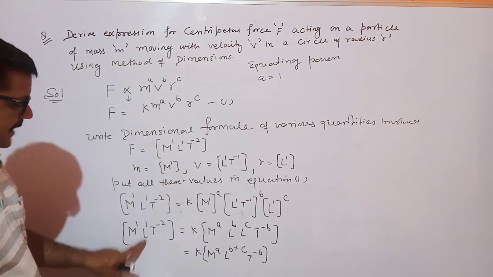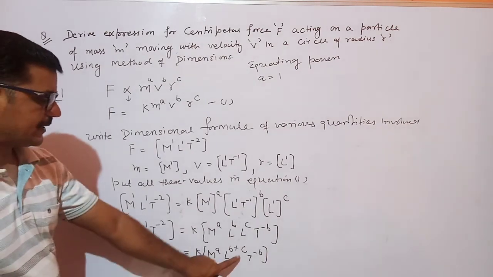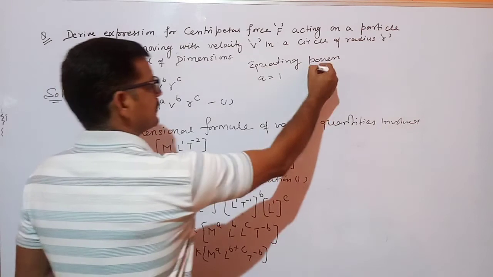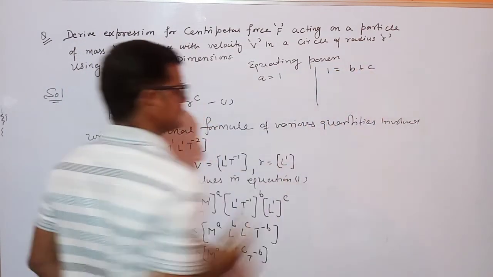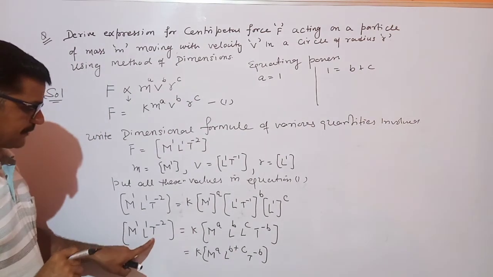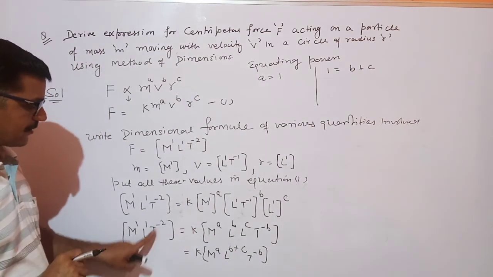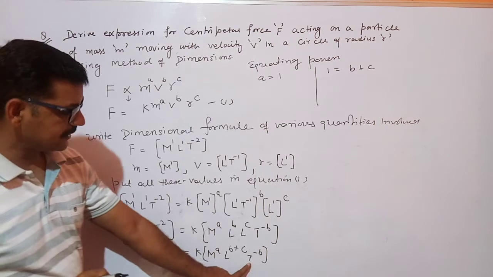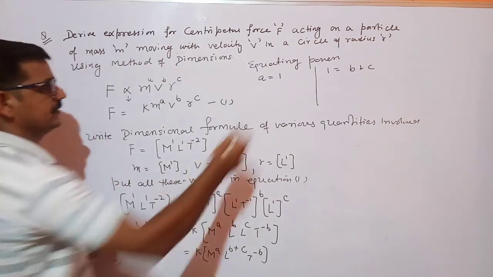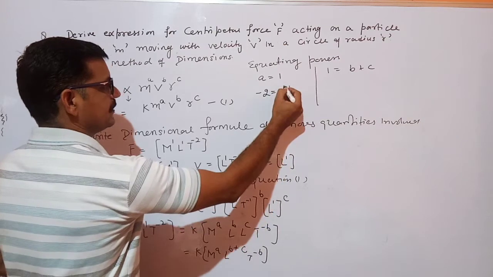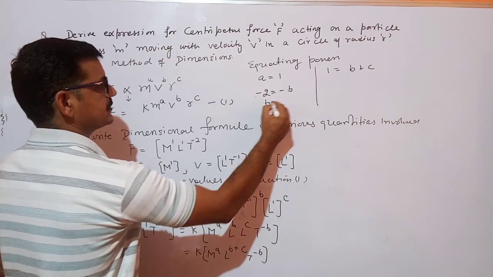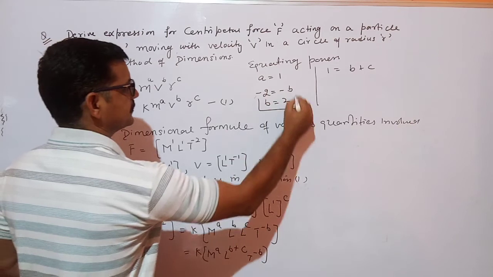You can see here l power 1 and here it is l power b plus c. So 1 equal to b plus c. See the power of t. T has a power of minus 2 and here it is t power minus b. So minus 2 equal to minus b. Minus minus will cancel out and you will get b equal to 2.